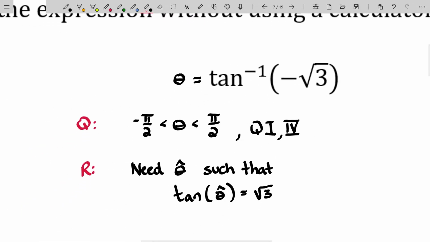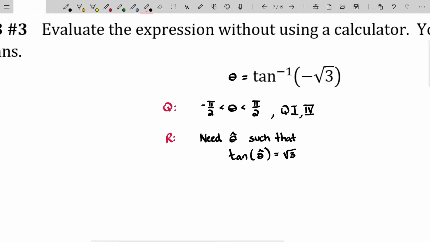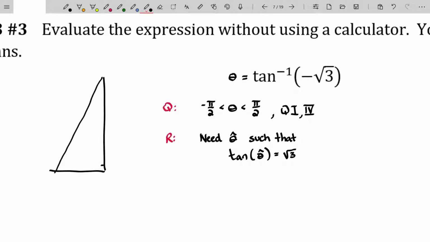Let's draw out our special triangle here. We have two of them; I'm just not picking the 45, 45, 90 one. 1, 2, and root 3. Remember, tangent is opposite over adjacent. Opposite, root 3. Adjacent, 1. Root 3 over 1. So obviously I would like theta hat, my reference angle, to be pi over 3.